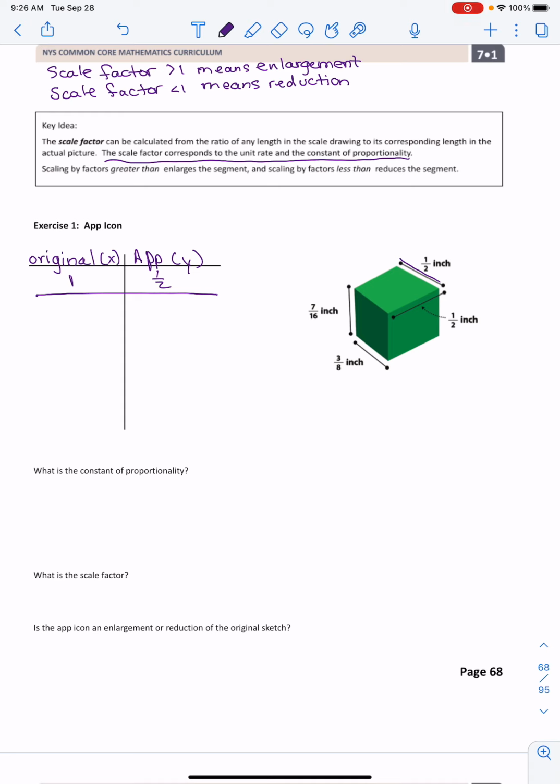Then we had 7/8 of an inch, and that was 7/16 here. And then we had 0.75, and it was 3/8 of an inch now.